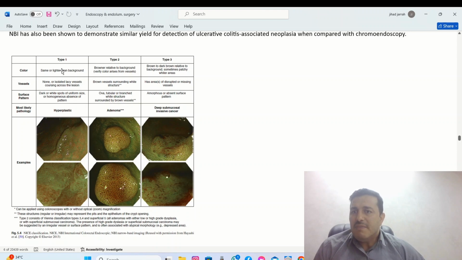It is the same or lighter than the background. This is hyperplastic polyp, whereas adenoma is more brown, and this is due to the high vascularity. And deep submucosal invasive cancer looks darker, due to the lack of vascularity, brown or darker.